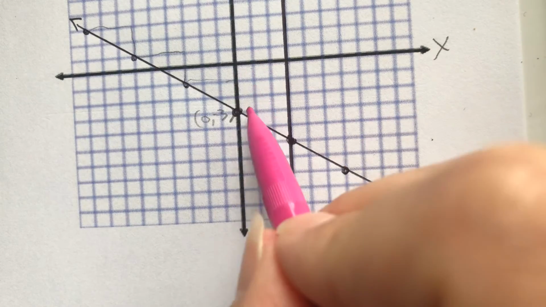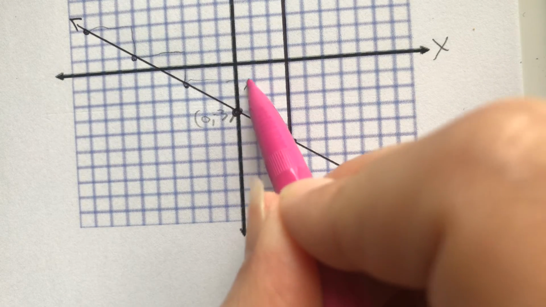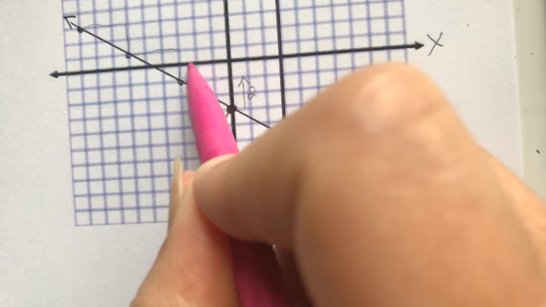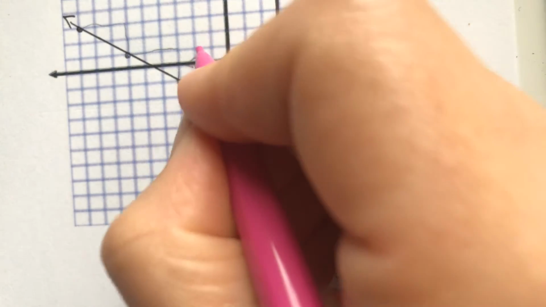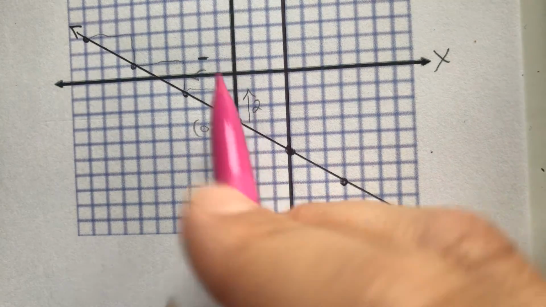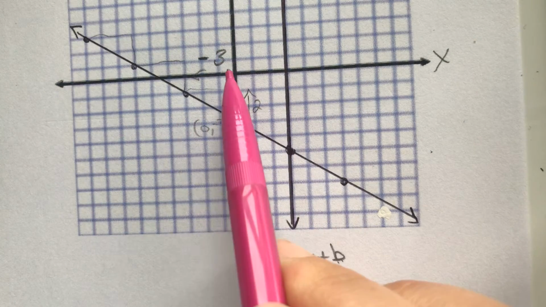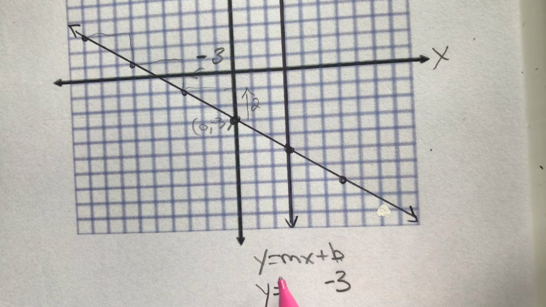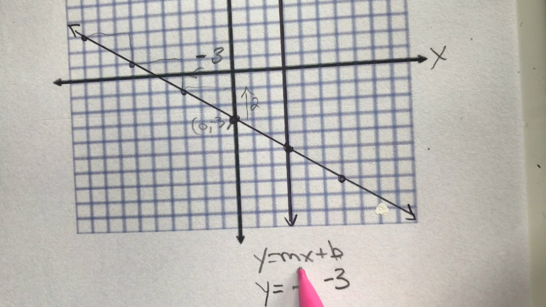So let's see. If I'm looking from here, I'm going up 2, and then I'm going to the left. The left is a negative direction, and that's 3, right? 1, 2, 3. So my rise over my run is +2 over -3.